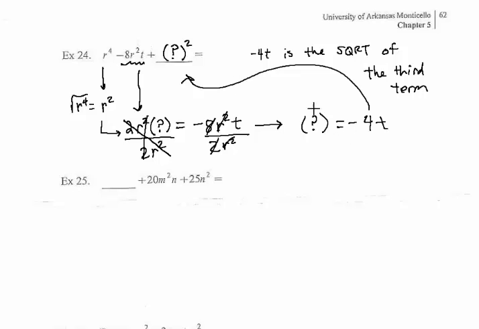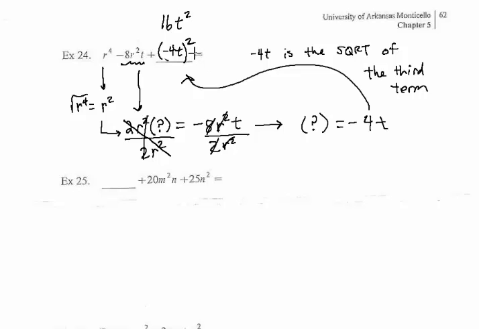So to actually get what this third term is, we need to square it. So in the blank, I will write minus 4t squared, and that turns out to be a minus 4 squared, which is a 16, and then t squared is simply t squared. So this is our missing term.